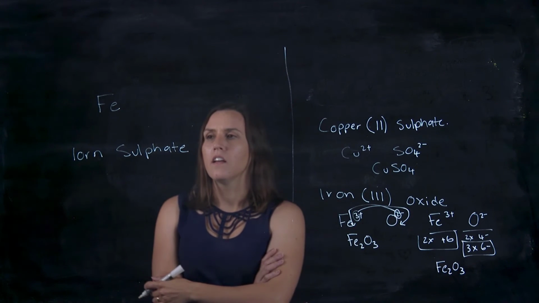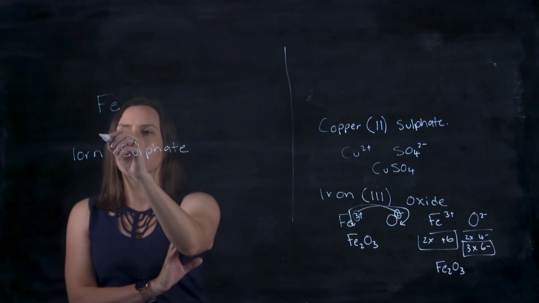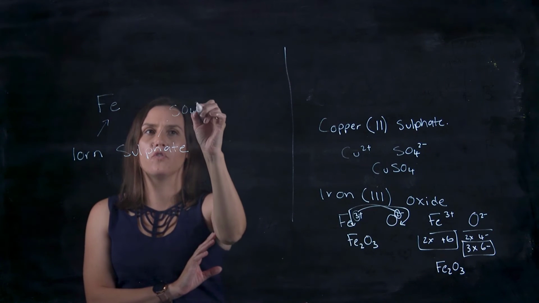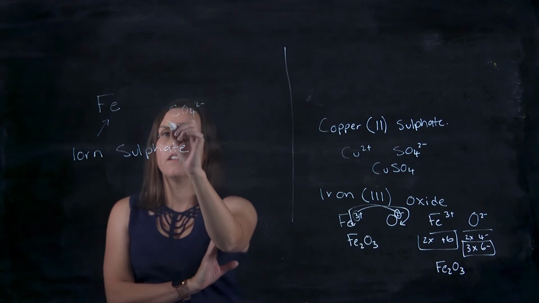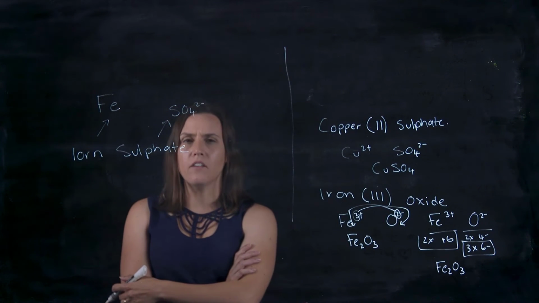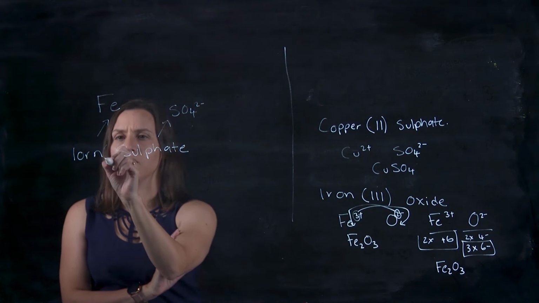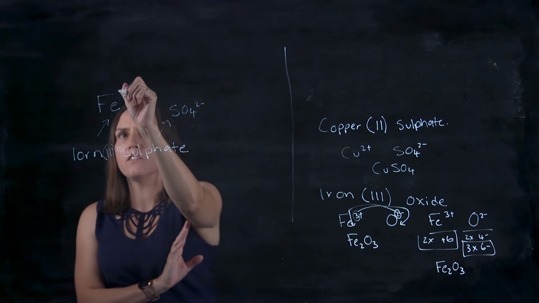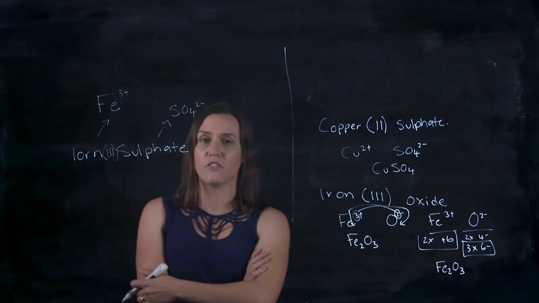I know iron is Fe, and I know sulfate is SO4 2-. Now, how do I put these together? I need to know more information. Let's make this iron(III) sulfate. So I know that's 3+ now. Now I can do something.